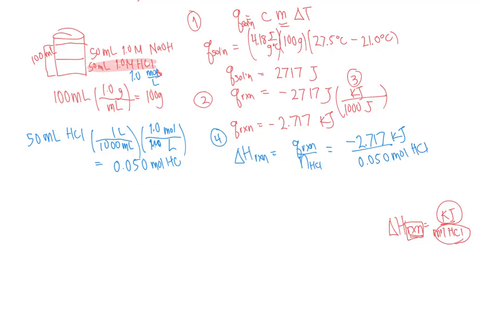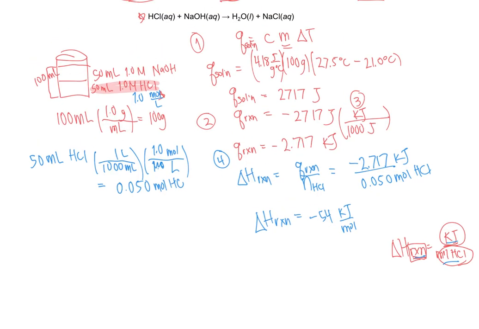So all of our units are correct. We are doing the reaction, we're in kilojoules, and we're in moles of HCl. We plug in all of that math, and our enthalpy of reaction is equal to negative 54 kilojoules per mole.